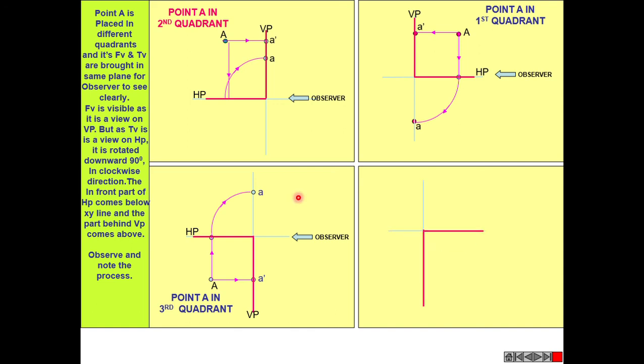In case of the fourth quadrant system, this is HP, this is VP, and the position of the observer remains constant. So if I place a point A in the fourth quadrant system, the position of the observer remains constant. Now while looking from this side, I am getting the projection of point A on a vertical plane, which I call the front view.